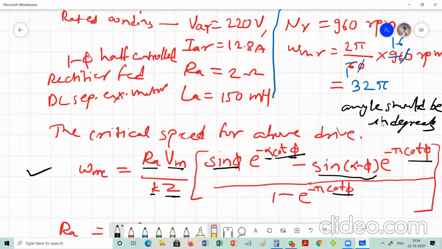You have to use the angle in degrees, but instead of pi, you can take the value equal to 3.142, or directly pi. Remember, the calculator setting must be for degree, not for radian.